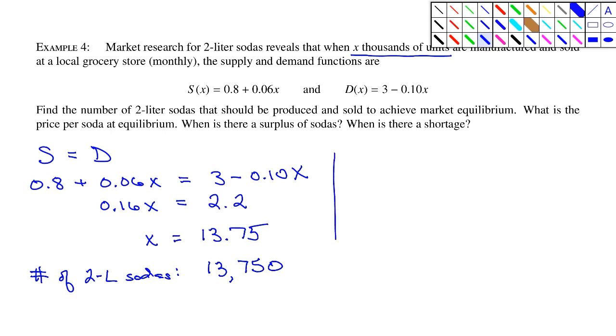And then to determine what the equilibrium price is, we plug it in. Now, at equilibrium, the supply and the demand produce the same price. So I can choose either one. I will choose the demand. And you have to plug in the X value, not the actual quantity, because of the way that the functions are set up.